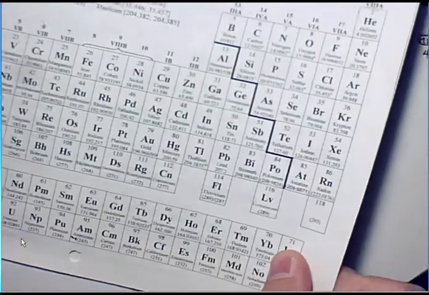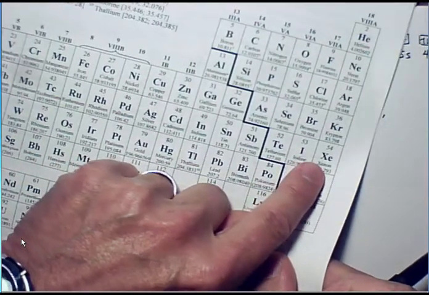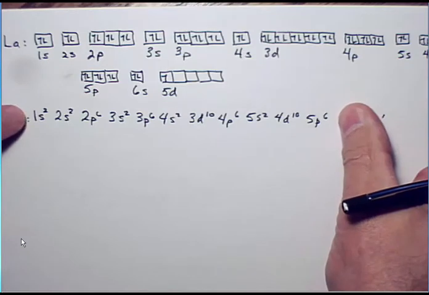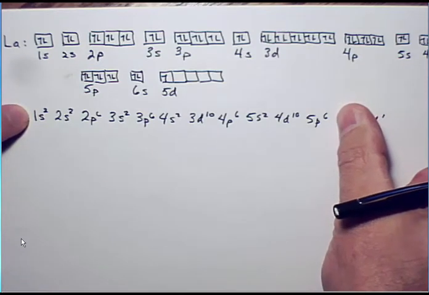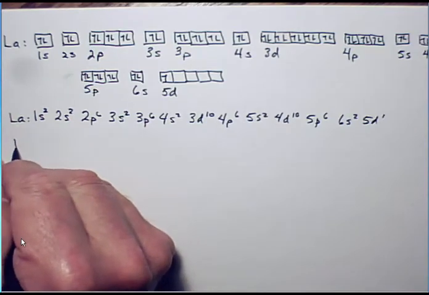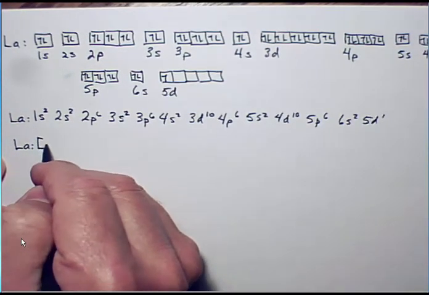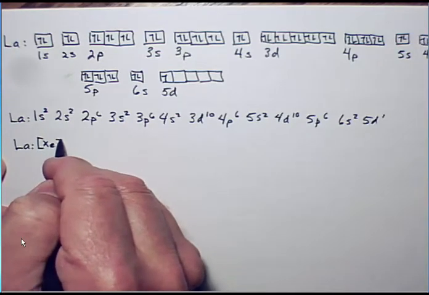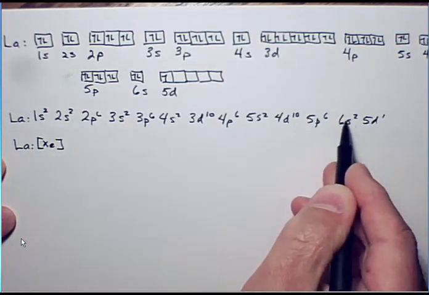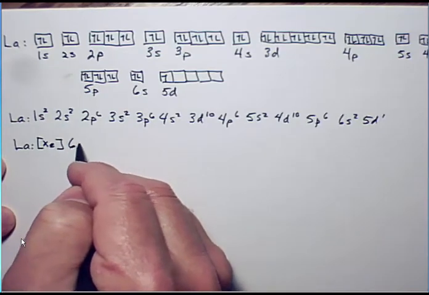And in the fifth row, that noble gas is xenon. Okay? So all of this from here to here is the electron configuration for xenon. So to write the kernel electron configuration, we're going to put xenon in brackets like this, and then the remainder gets written next to it.